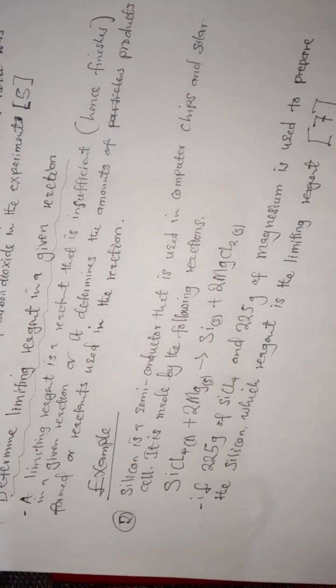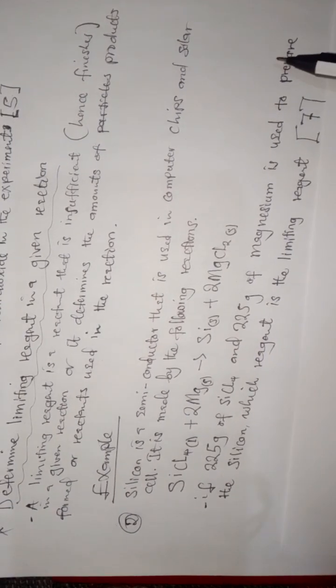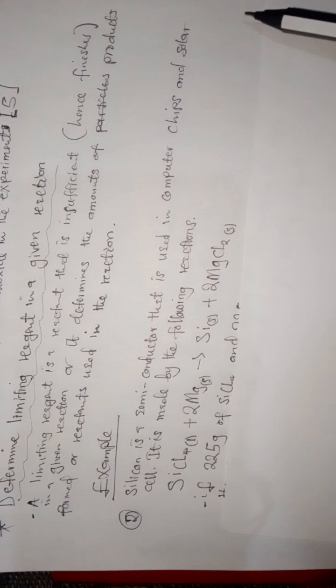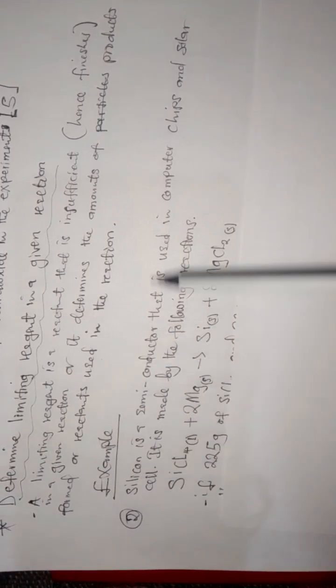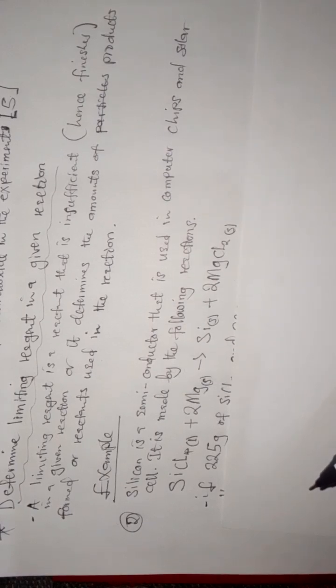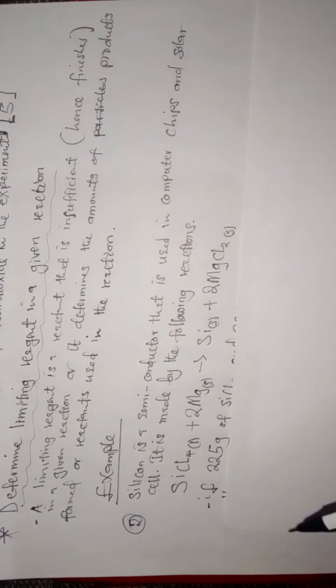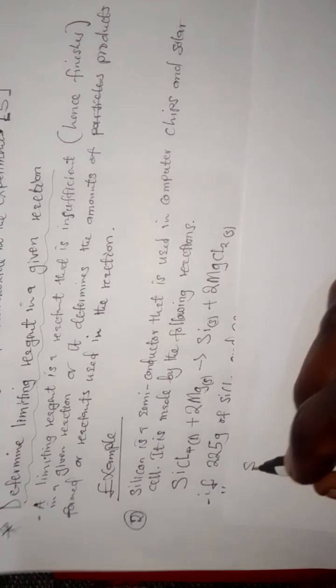The first thing we need to do is choose the product. In our question, they are concentrating on silicon, how silicon is being formed. So we choose the product: after the reaction, we have silicon.